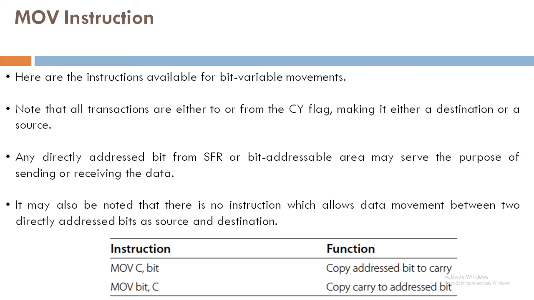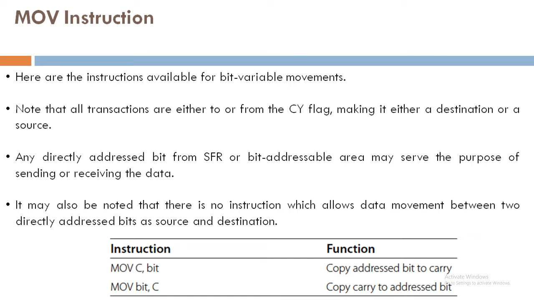Any directly addressed bit from SFR or bit address area may serve the purpose of sending or receiving the data, and it may also be noted that there is no instruction which allows data movement between two directly addressable bits as source and destination.